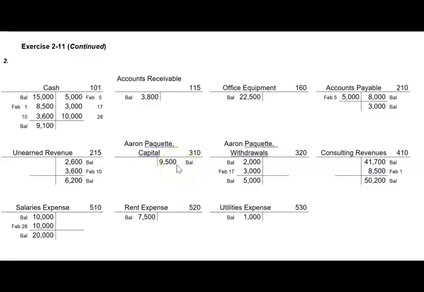The 9,500 opening balance in capital. We have total withdrawals of 5,000, including the opening balance. Revenues, we had an opening balance of 41,700 plus 8,500 to give us 50,200. Salary expense is 20,000, rent expense is 7,500, and utility expense is 1,000.